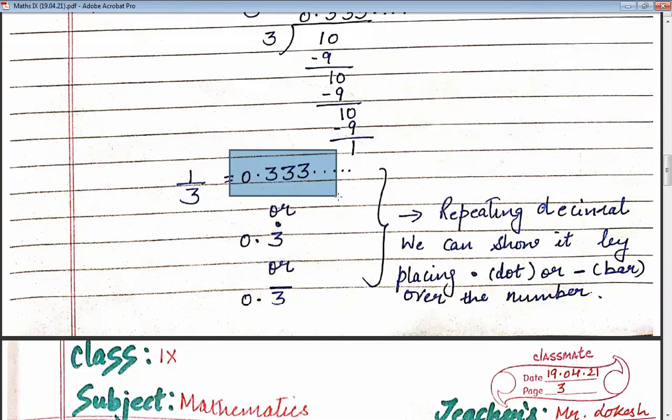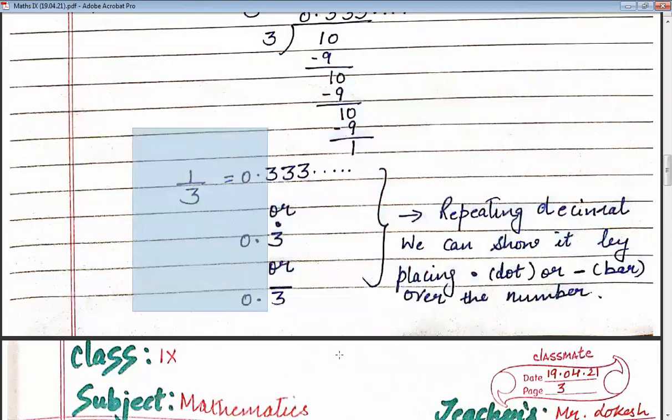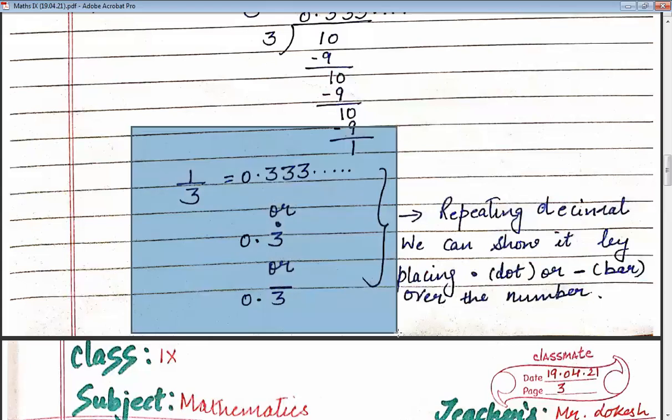So instead of writing 333 and so on, you can just put a dot on the repeating digit. So here 3 is repeating, so you can put a dot over 3, or instead of a dot you can put a bar also, a line. So all the three representations of repeating decimal are fine.